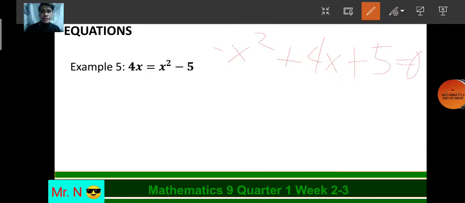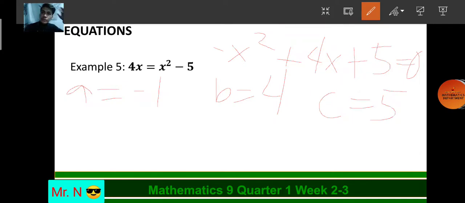So that will be the equation now, the standard form of the given quadratic equation. Now, let's identify the values of A, B, and C. The value of A beside x squared is negative 1. And the value of B beside x is positive 4. So B is equals to 4. And then C is the constant term, which is 5.